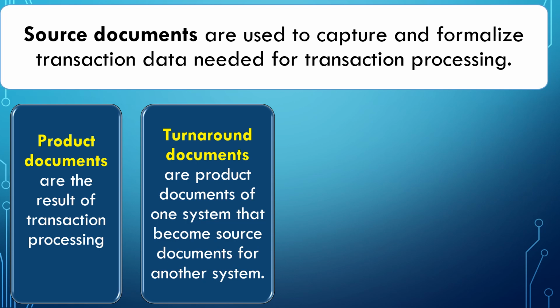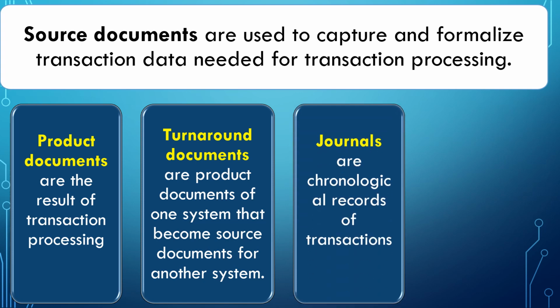Just now we explained the invoice: when it is produced as a product document from the selling company's system, it then becomes a turnaround document supporting the payment. That's what we will explain in the next slide.